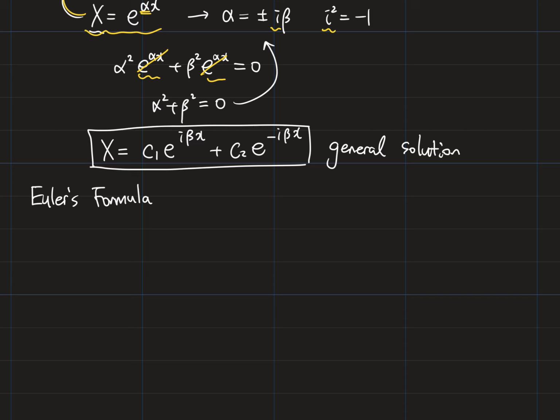If you want to know more about Euler's formula, you can ask GPT, or you can search the textbook if you have one. Euler's formula gives exponential plus minus i zeta equals cosine zeta plus minus i sine zeta.